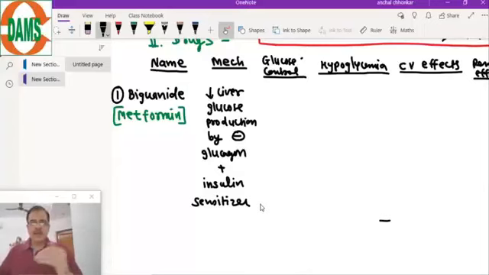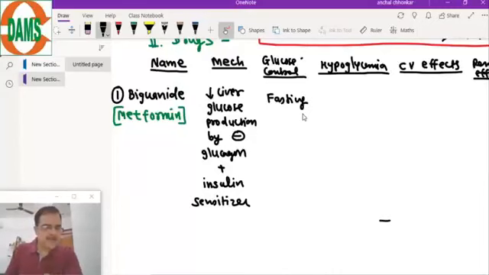Alright, so for glucose control, as it is decreasing glucose production, it mainly controls the fasting sugars. So if a patient comes to you with the main problem of high fasting values, prescribe that patient metformin.